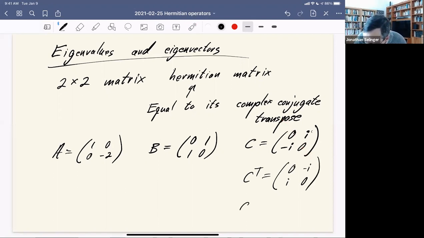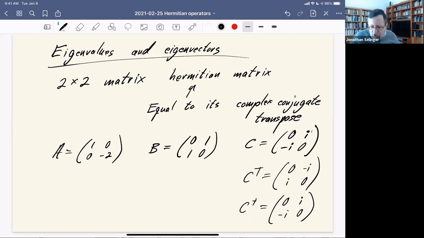And then C dagger is the complex conjugate of the transpose. So it is 0, i, minus i, 0. Okay, so these are 2x2 Hermitian matrices.